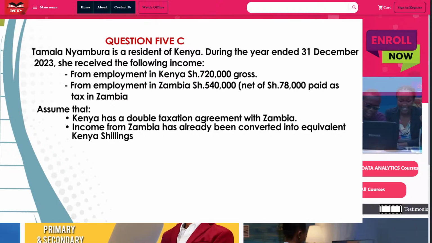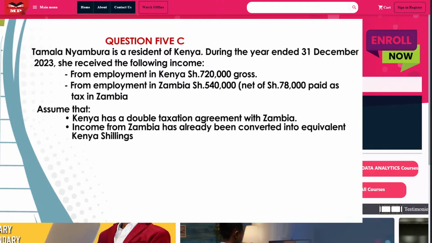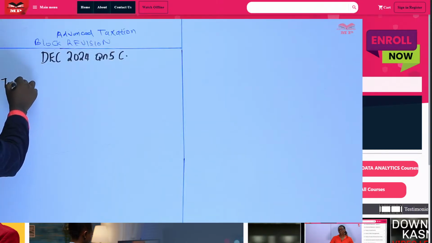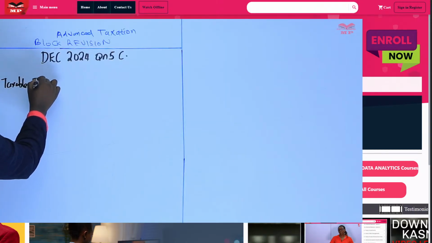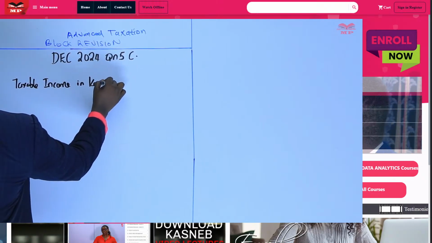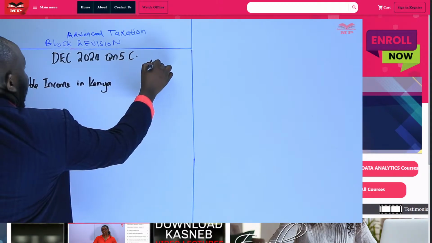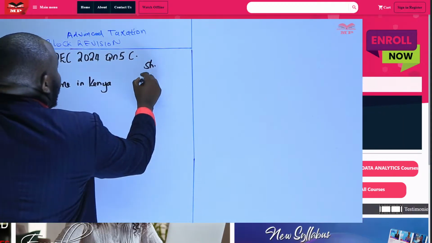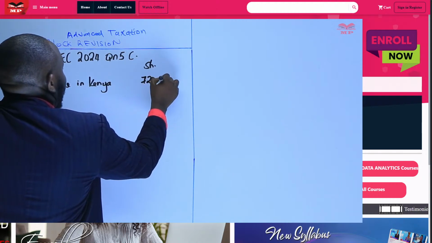So say that taxable income. So you can say we start with taxable income in Kenya, that is in shillings. The figure for Kenya is 720,000 gross.